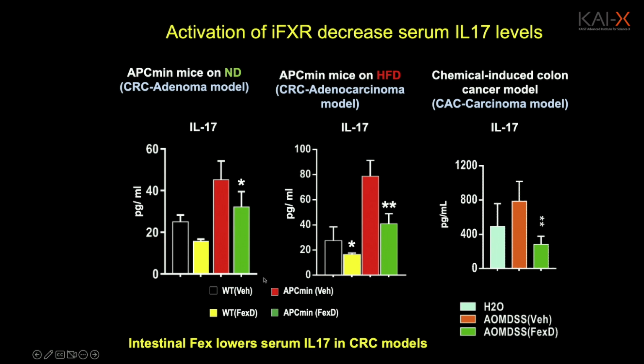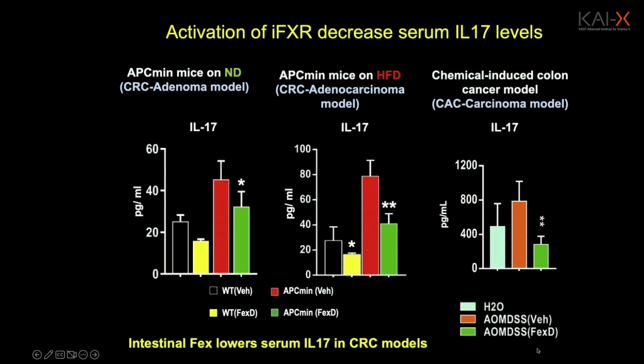In no matter what situation, if we treat the animal in either yellow or green with the synthetic ligand that we have, yellow brings down the inflammation, green brings it down in these different contexts of normal diet, high-fat diet, or chemically induced diet. And so you want to be in this green column if you can.